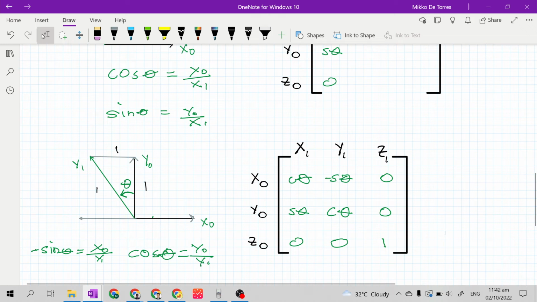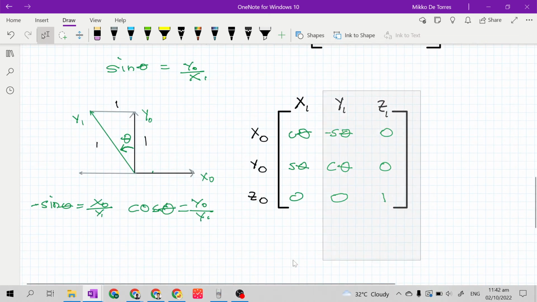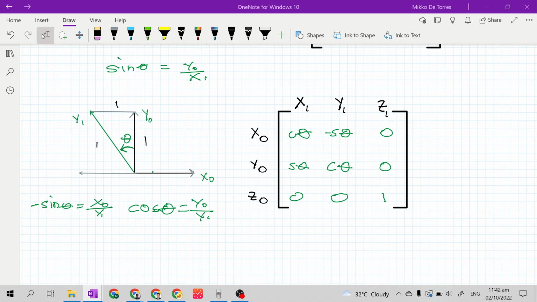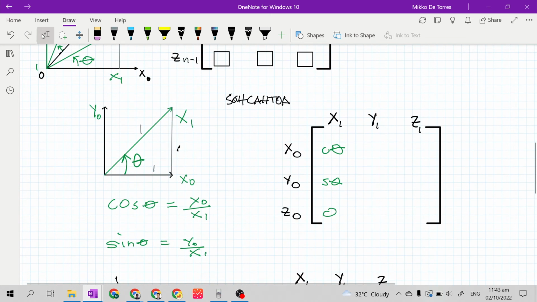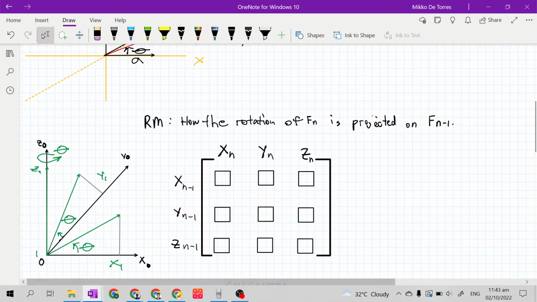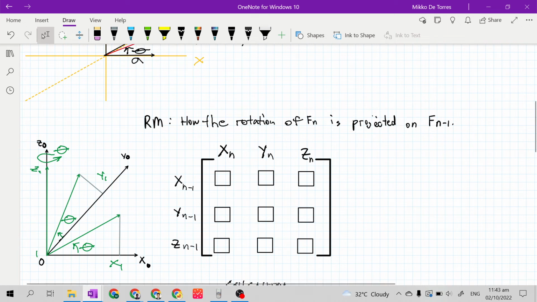So this matrix is what you call the rotation matrix. This is not just a rotation matrix, this is called a Z rotation matrix. So why Z rotation matrix? It is because the rotation angle theta rotates at the z axis, or at both the z0 and z sub 1 axis.